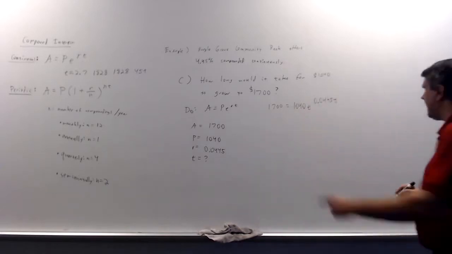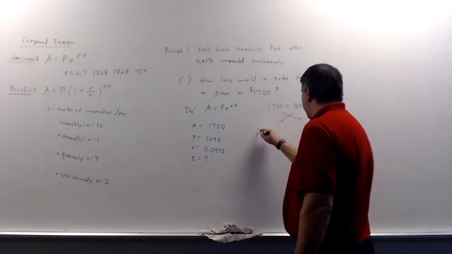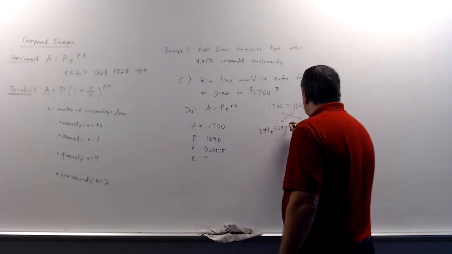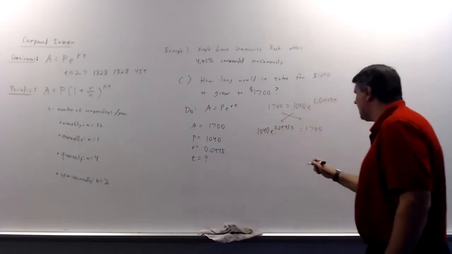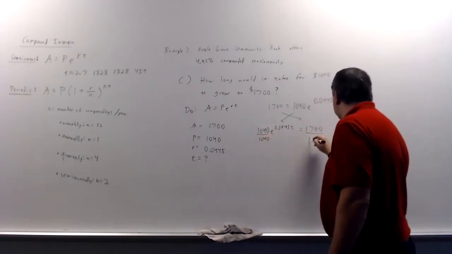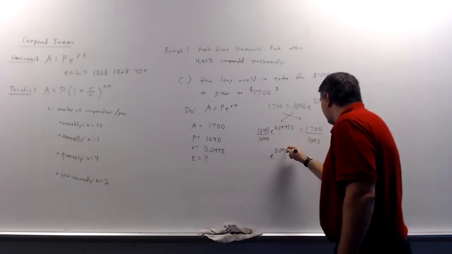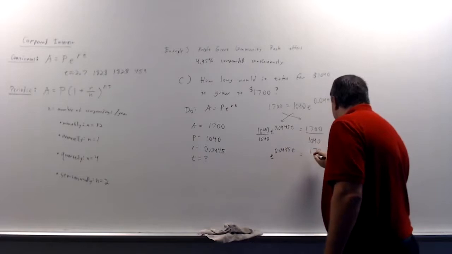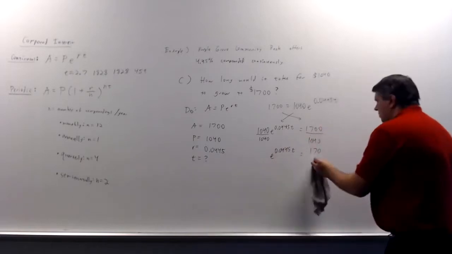Okay, T is my unknown, so I'm going to go ahead and switch the sides so it's on my left. Okay, and then I'm going to go ahead and divide out that 1,040 and reduce. So e to the 0.0445 t power is 1700 over 1040. Actually, it can be reduced even more.